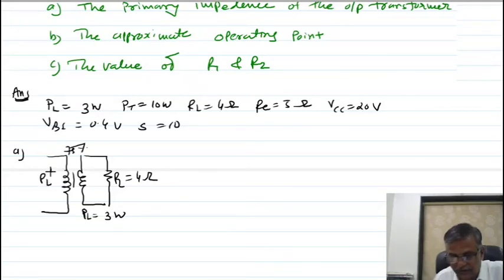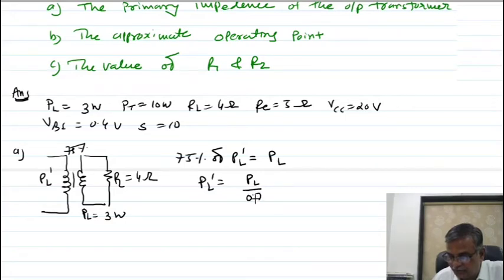I have to find PL dash. So I can say 75% of PL dash will transfer to PL. So PL dash is nothing but the PL upon 0.75. So I can write PL dash is equal to 3 upon 0.75 means 4 watt. What I get? 4 watt.